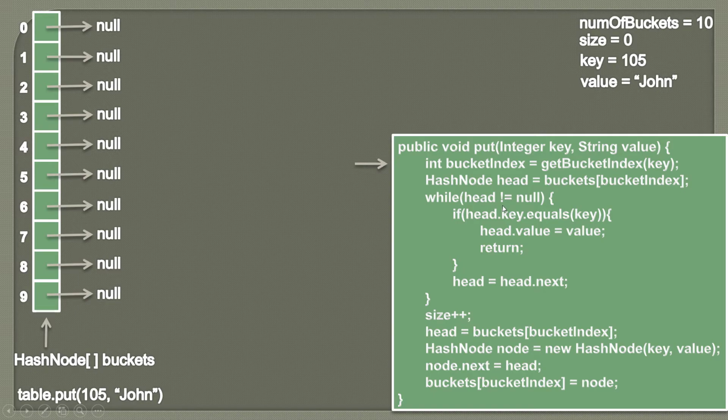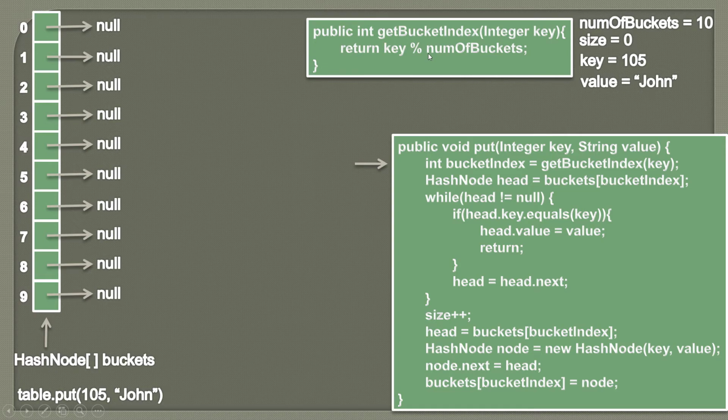So in each use case, at the start, what we do is we take the key and pass it to our hash function, which gives us an index, and we take that index and try to insert the key value pair in the form of a hash node into this buckets array. So here you can see the get bucket index method is nothing but our hash function.